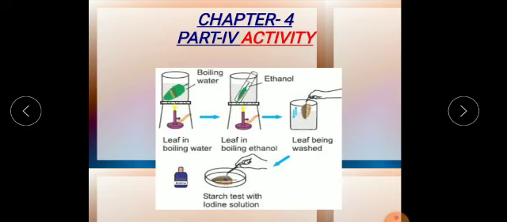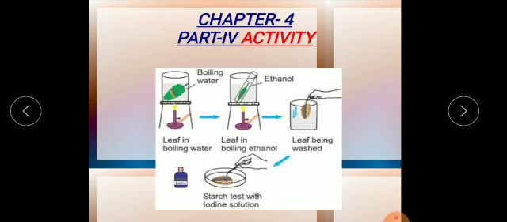It also destroys all the enzymes and proteins. So no further chemical reaction will take place inside the leaf, since the chloroplasts and other organelles are also killed. And the most important point is that these cells become more permeable so that they will absorb the iodine solution. So this is the first step.